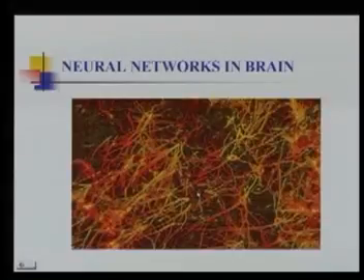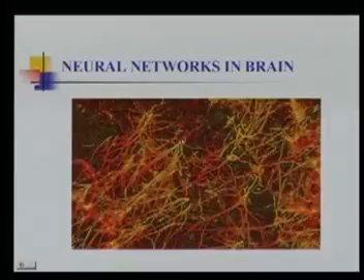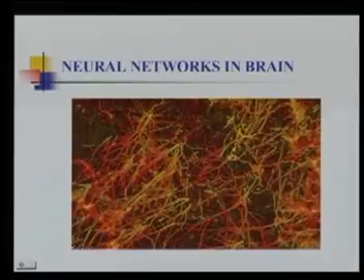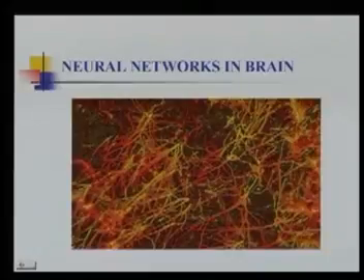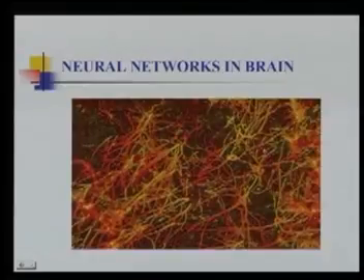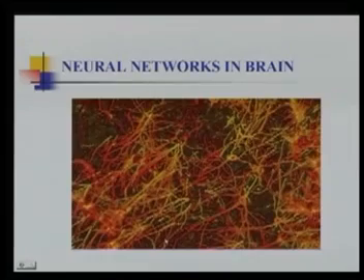Look at the complex structure of connection among neurons. You can see these are all neurons, and each neuron is connected to other neurons through internal connections, which we will call dendrites, and the whole structure is very complex.